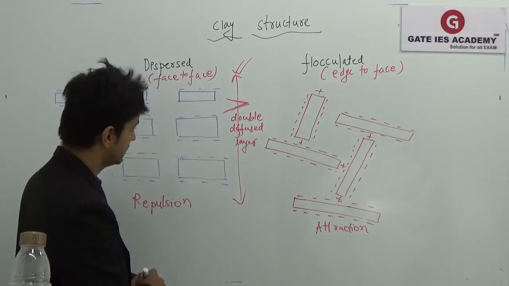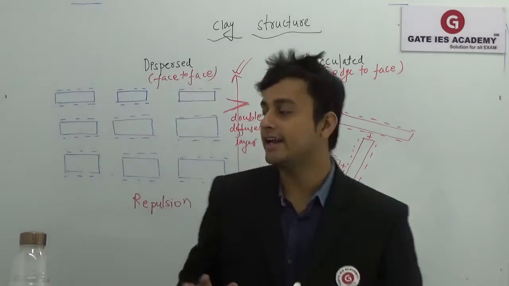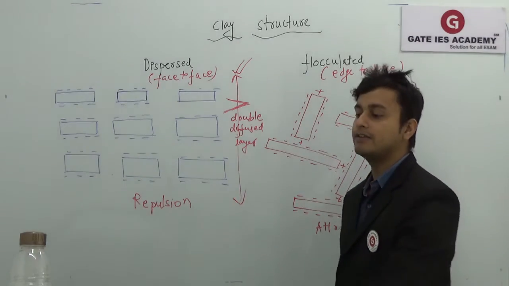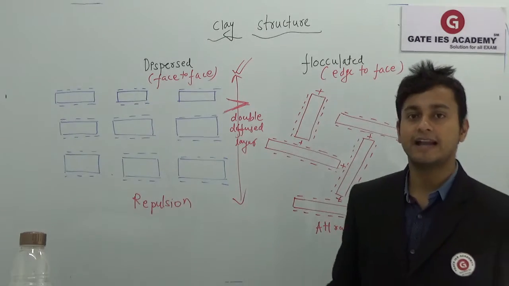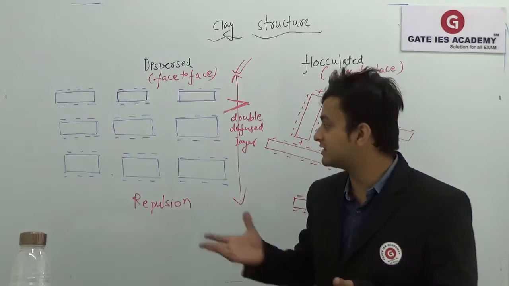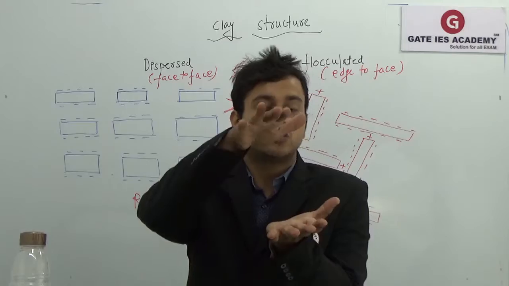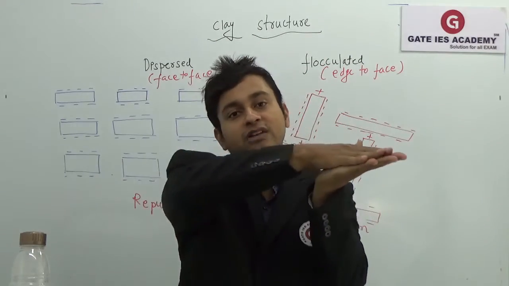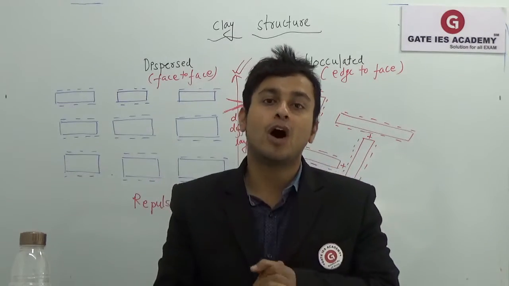I can give you a day-to-day life example. The dispersed structure can be equated to a somewhat similar condition of books. One book is kept above the other, but they are repelling each other. When one book is kept above another, the voids are very few.